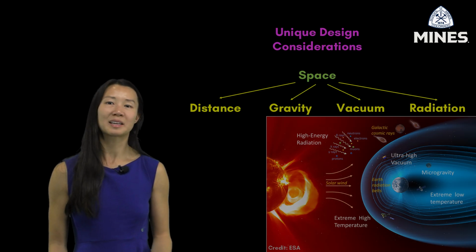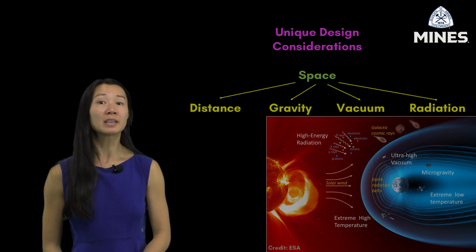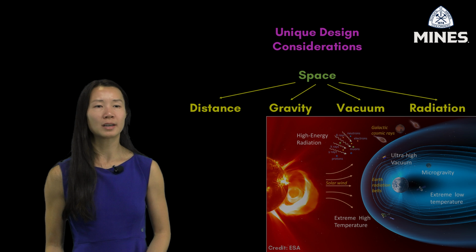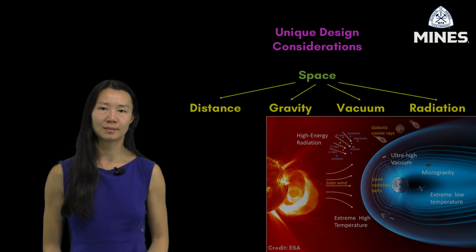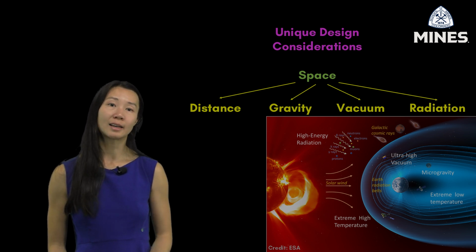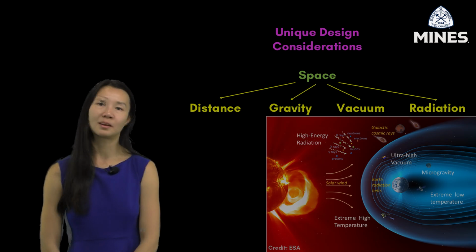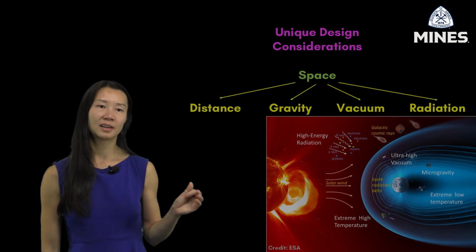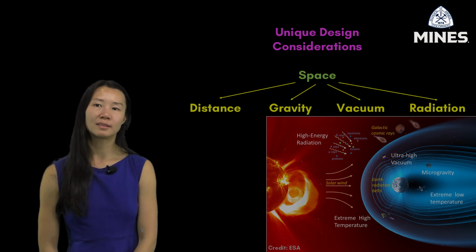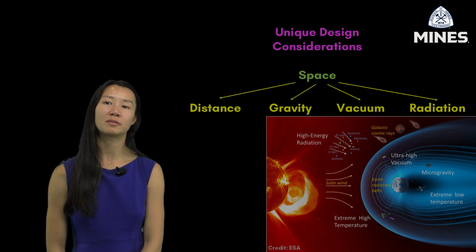Okay, while I was talking about radiation just now in the context of heat transfer, we need to talk about radiation in a different way on this slide, as radiation pertains to high-energy particles in a different definition, but still in space. On Earth, our magnetosphere protects us from a lot of the harmful radiation that's generated from the sun.